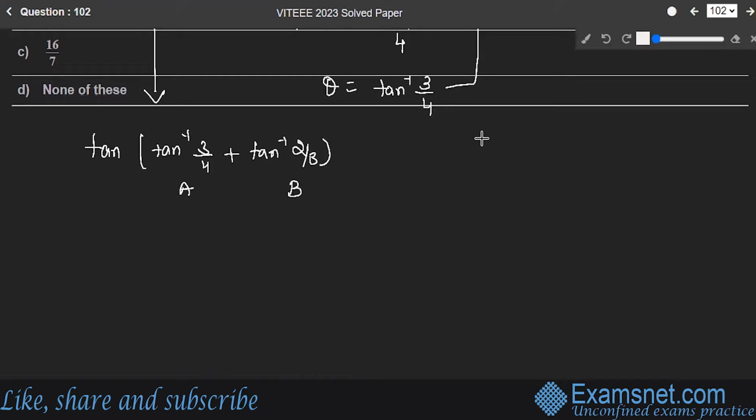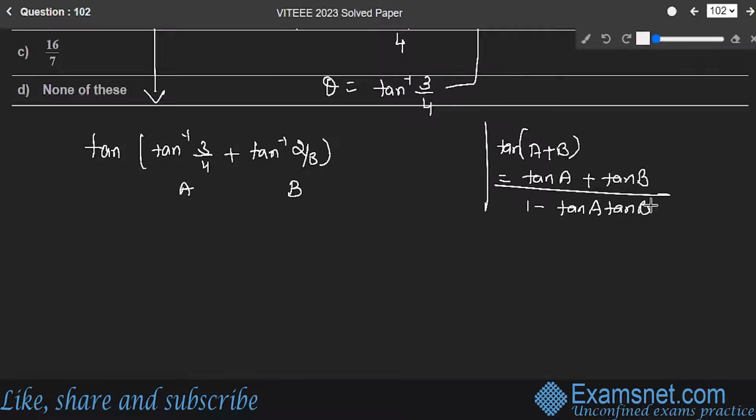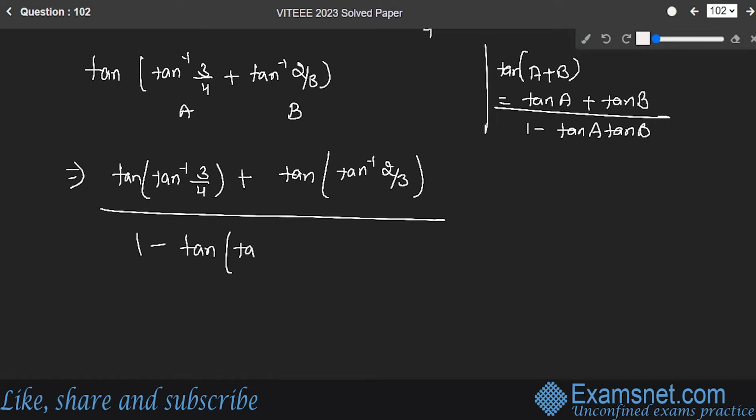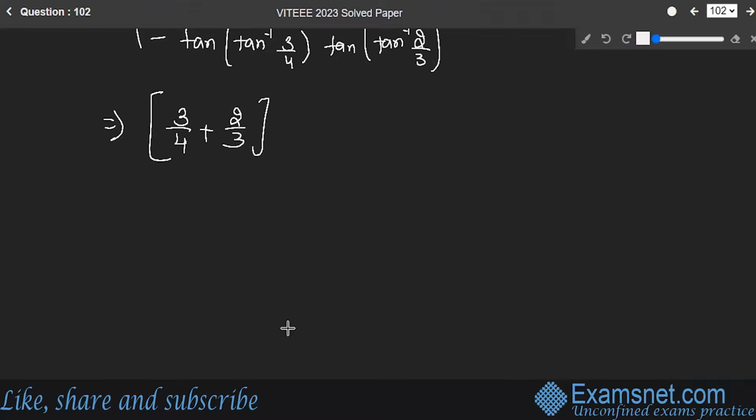Now I'm considering this as A and B, and you know this formula, tangent of A plus B is equal to tangent A plus tangent B, whole divided by 1 minus tangent A into tangent B. So this is equal to 3 by 4 plus 2 by 3, whole divided by 1 minus 3 by 4 into 2 by 3.